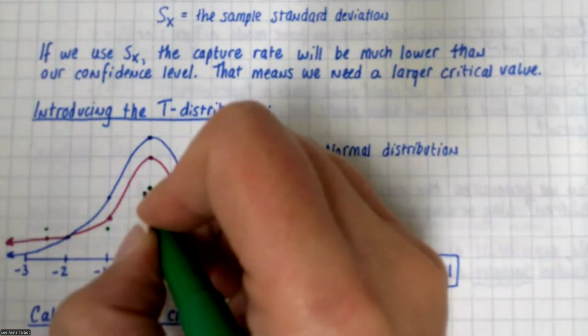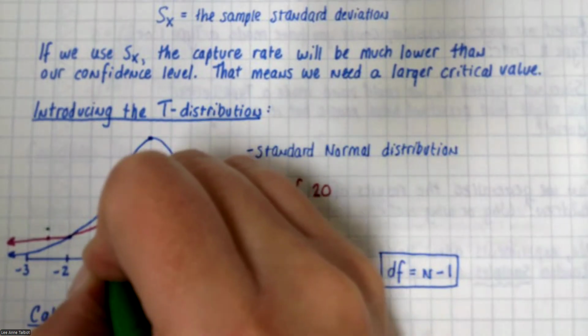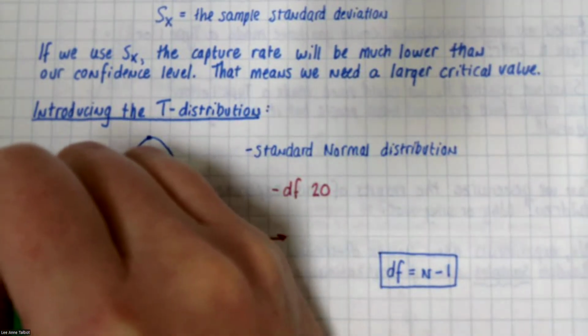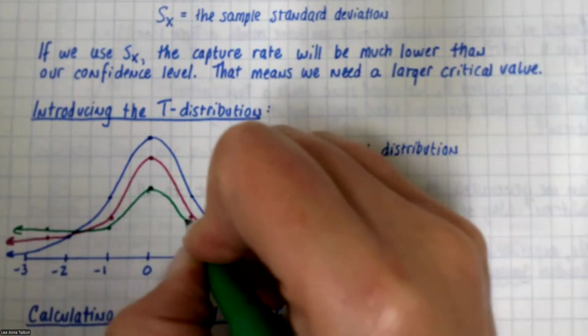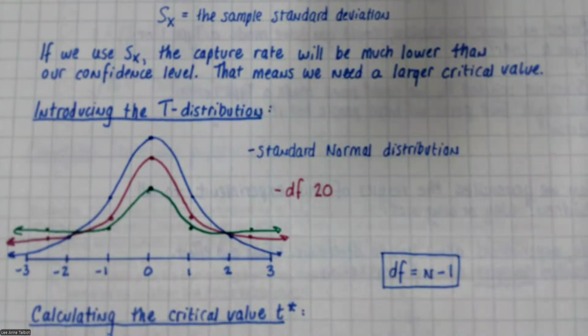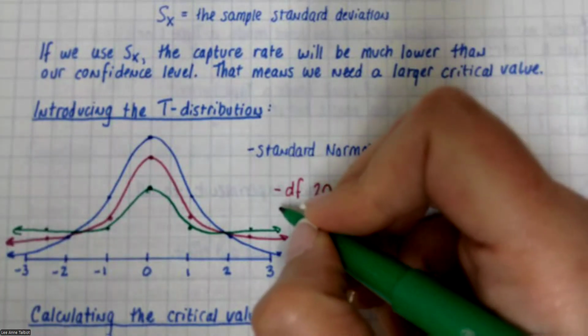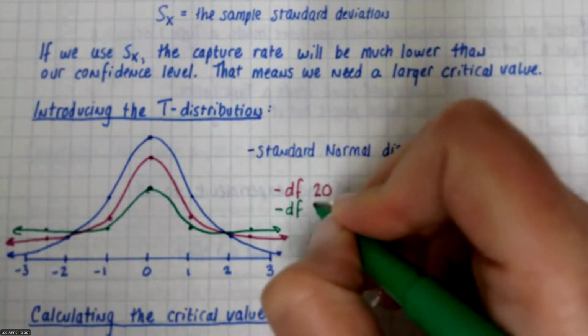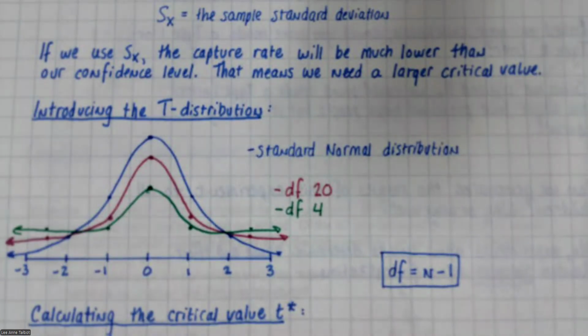And this really shouldn't go flat, but when I looked, this is about degrees of freedom 4.